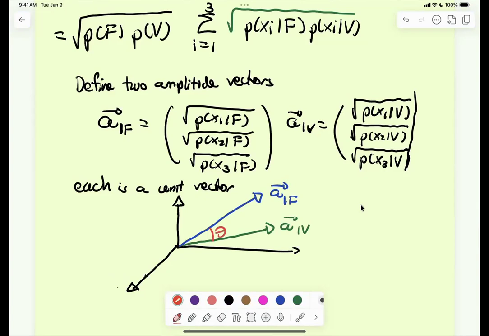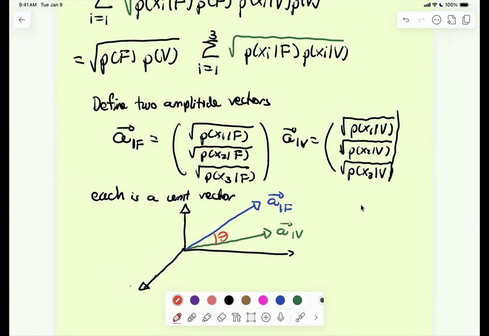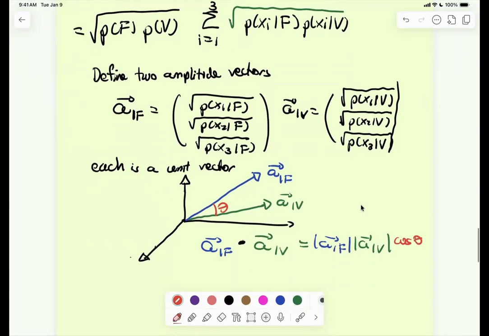If you do their dot product, it's the product of the lengths times the cosine of the angle. But because each of them has length 1, this is just 1 times 1 times the cosine of theta. And that is what we have called the Bhattacharyya coefficient.